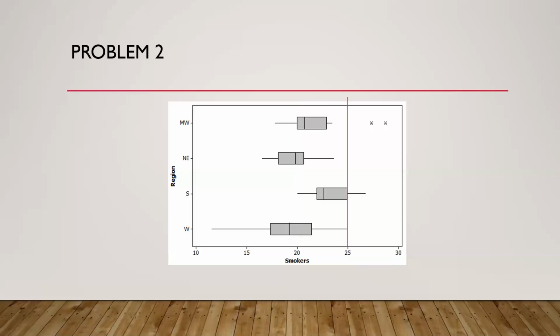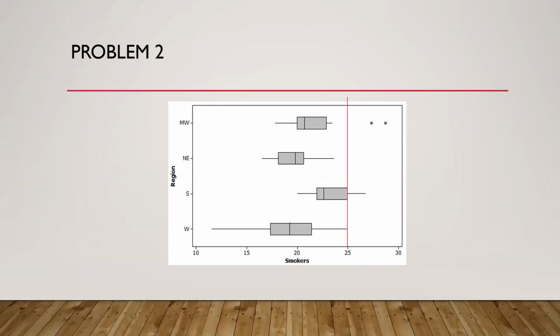And finally, in part G, the smoking rate is no more than 25% in blank percent of the western states. This time, the 25% is a smoking rate. So we go to the horizontal axis. I'm keeping that line that I had because it corresponds to 25.